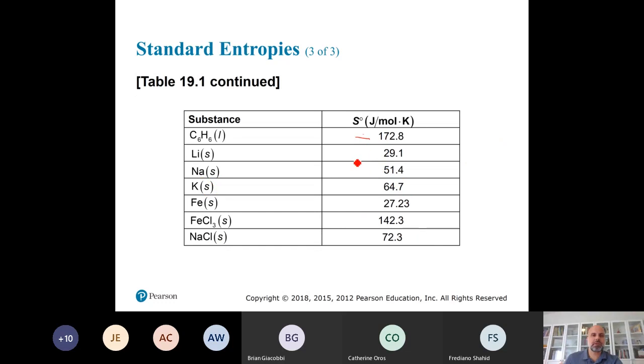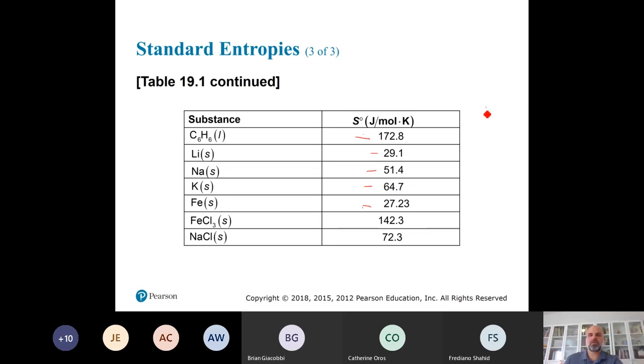And then we look at solids. Here we have lithium being the smallest solid at 29, then sodium, slightly larger, at 51, potassium, slightly larger, at 64. Iron has a larger molar mass, but it's a smaller atom, and its entropy is 27.